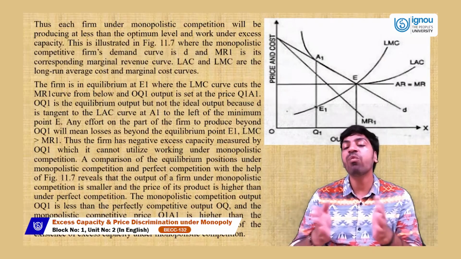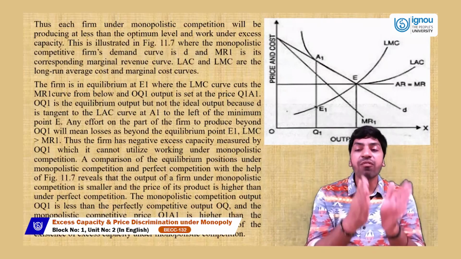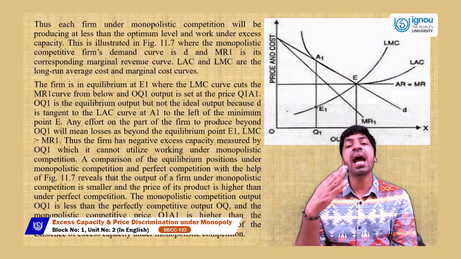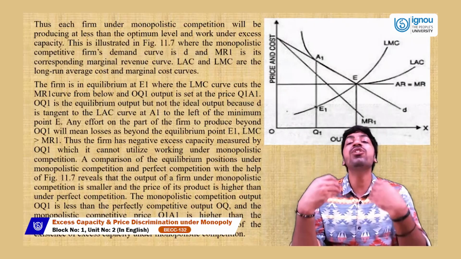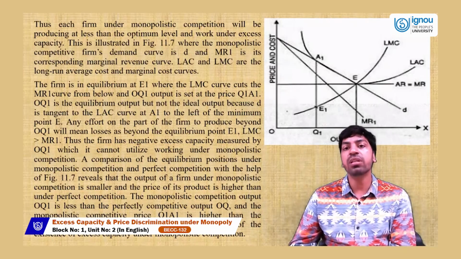So how would the excess capacity be estimated? It is the difference between the ideal output and the output which will be achieved under monopolistic competition.